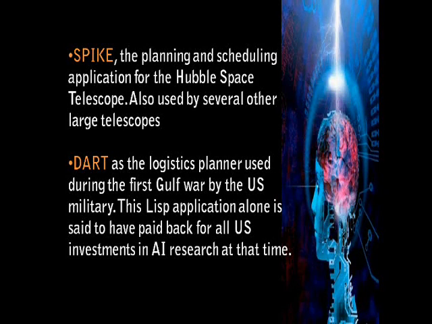Dart, a logistics planner used during the First Gulf War by the US military. This Lisp application alone is said to have paid back all US investments in artificial intelligence research at that time.